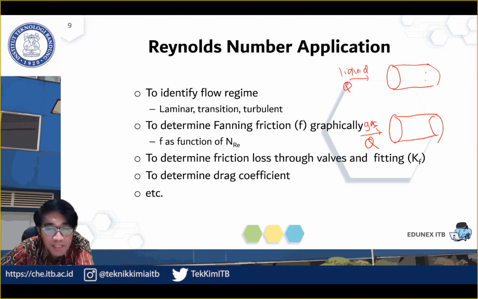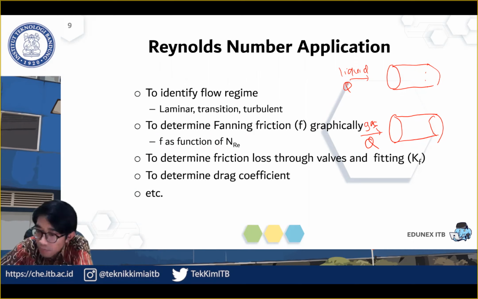Berdasarkan sifat gas dan cairan ketika masuk dalam suatu tempat tertentu, kemudian mengalir, will they have different phenomena when they're flowing inside the pipe? Maybe the gas flows like more random, maybe.